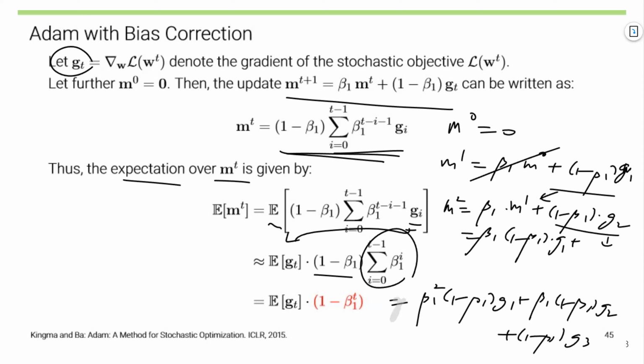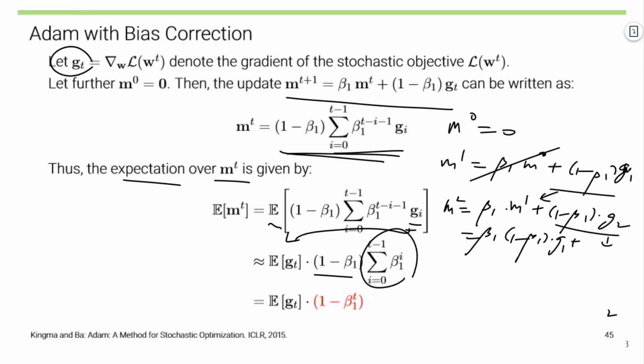From high school math or first year calculus, you might remember that the sum of this series is 1 minus beta 1 to the power t, because we have t values, times beta 1 to the 0, which becomes 1.